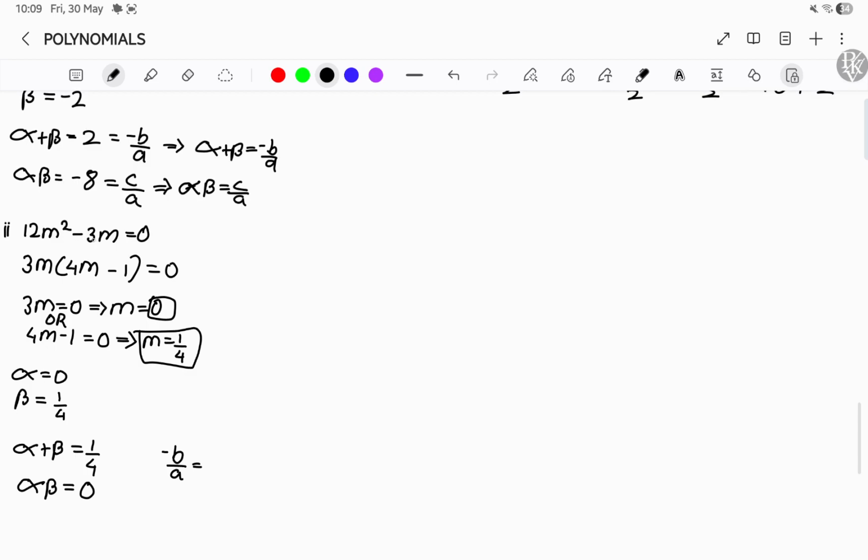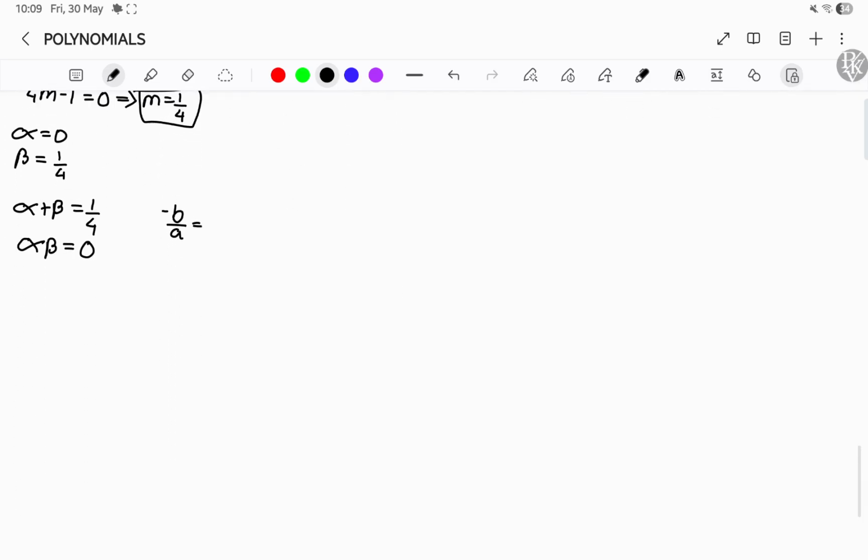Minus of minus 3 by 12. That will be 3 by 12, and you can simplify this fraction into 1 by 4. Why? You can divide 3 on the numerator and the denominator and you will get 1 by 4.